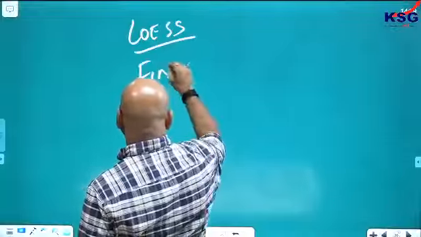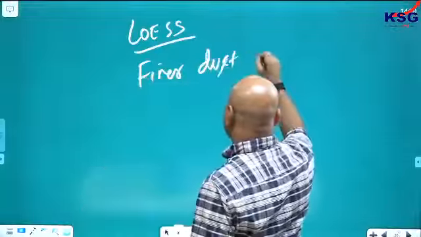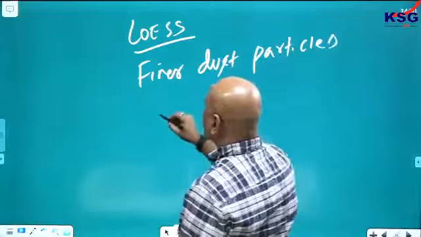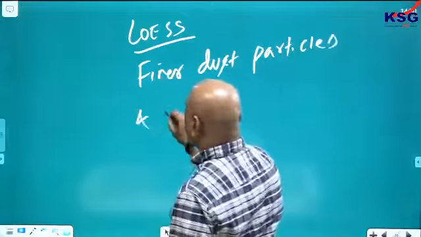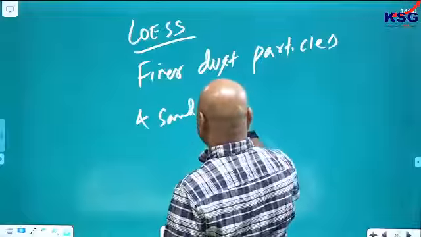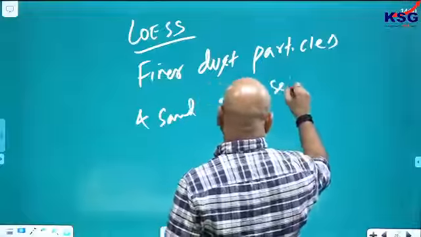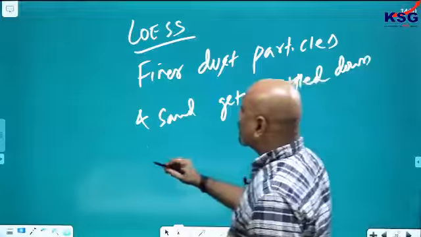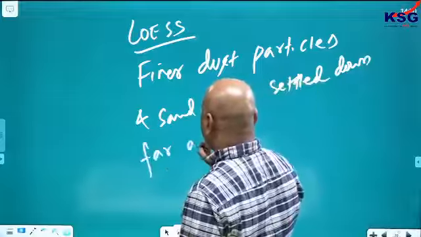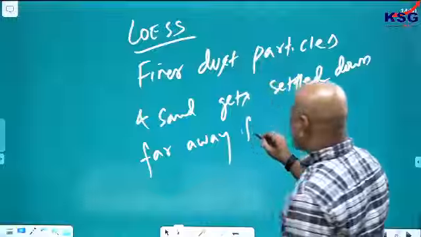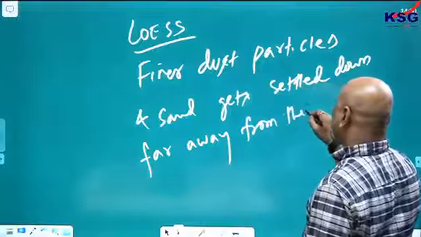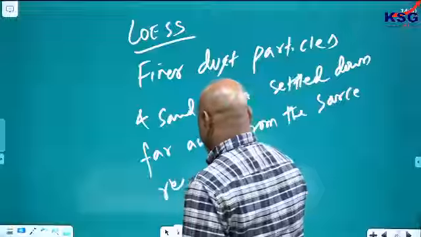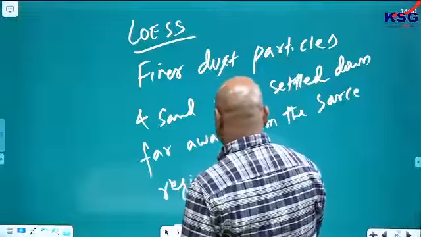Finer dust particles and sand get settled down far away from the source region, called as loess.